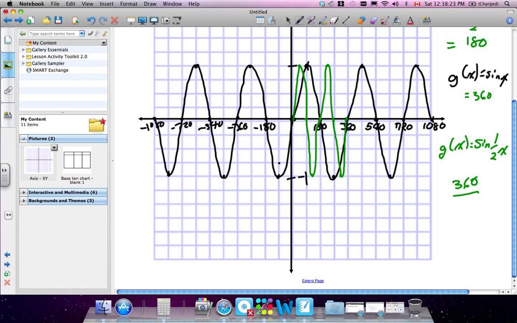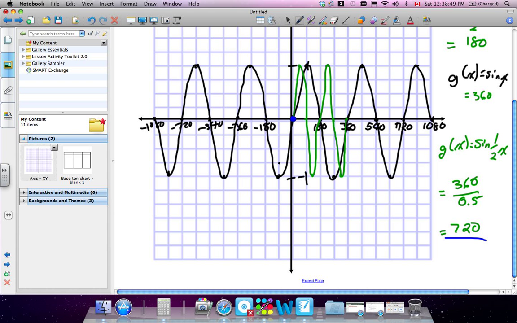If I do 360 divided by a half, I'm going to just turn it into a decimal quickly. It's 0.5 as a decimal. That's going to give me 720. So my new period is 720. I wish I could have erased the green. I don't want to get you confused. I'm going to draw it in blue, okay? So I'm going to do the 720 period in blue.